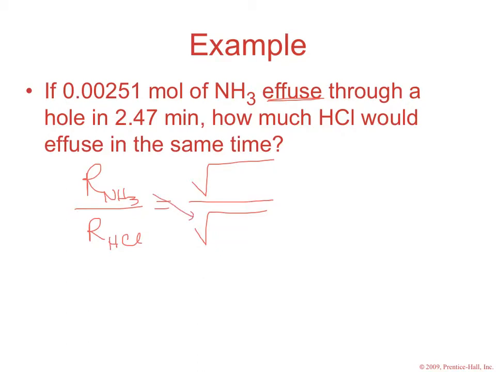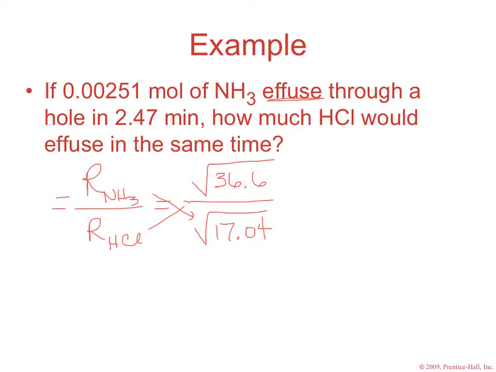So the molar mass of ammonia is 17.04, something like that, grams per mole, and that of hydrochloric acid is around 36.6 grams per mole. And those are the molar mass ratios.